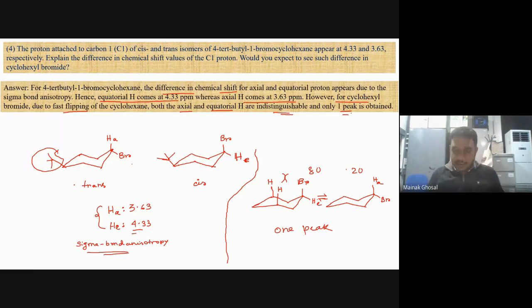At low temperature, you will be able to distinguish between these two, just like in any kind of cyclohexane. Below the coalescence temperature, you will be able to differentiate between this one and this one. But at room temperature, this structural transformation is so quick that you cannot differentiate between these two, so only one peak you will get. Okay.